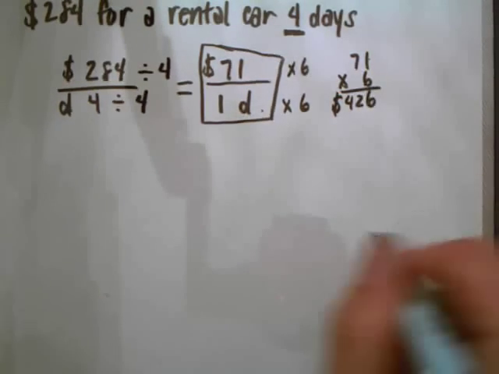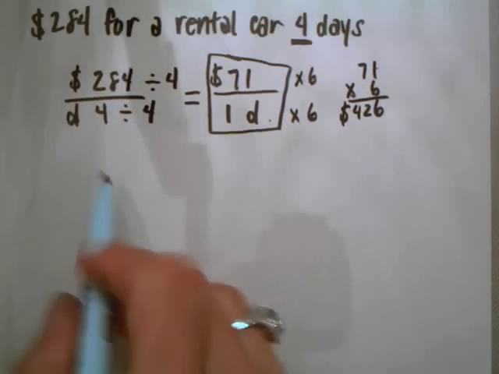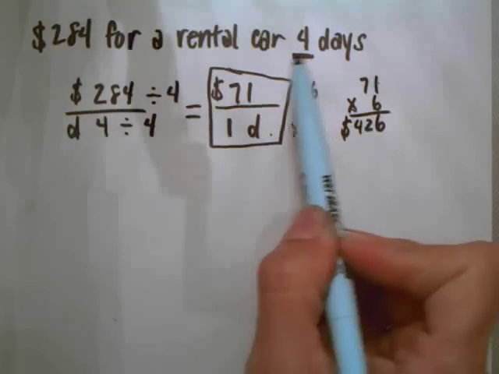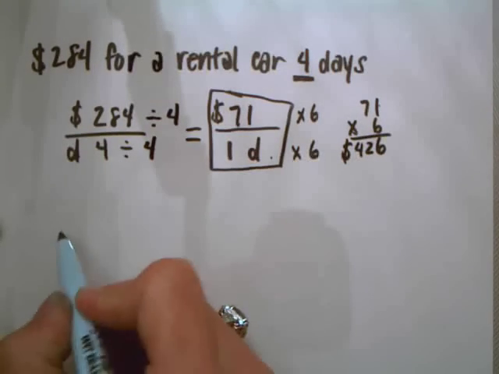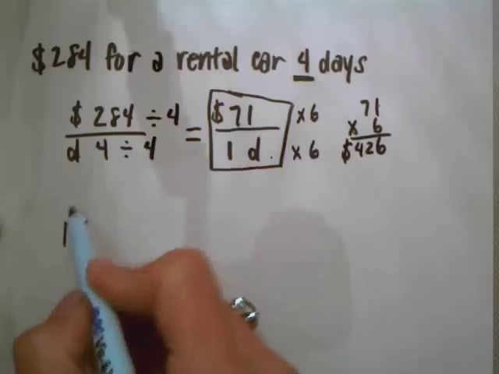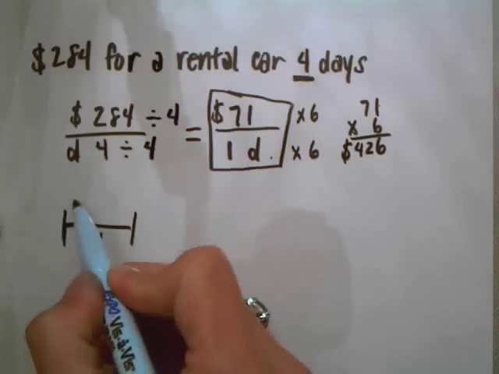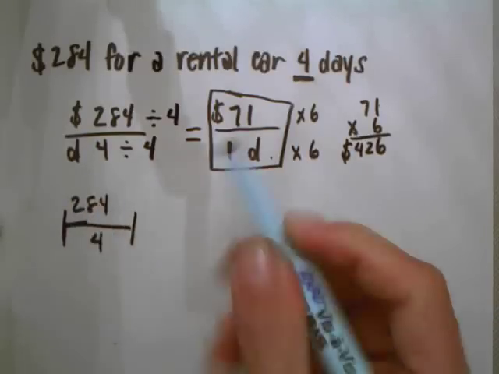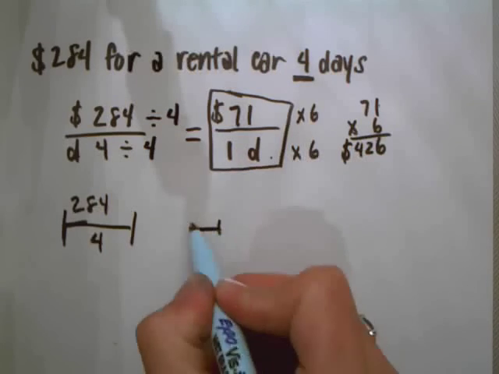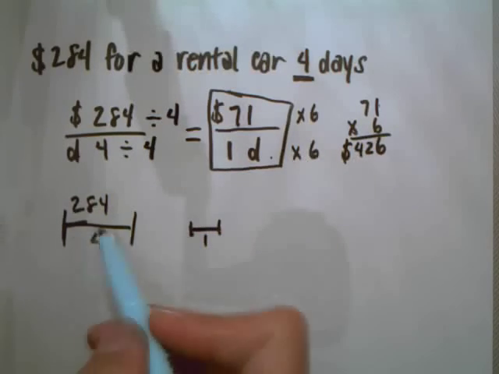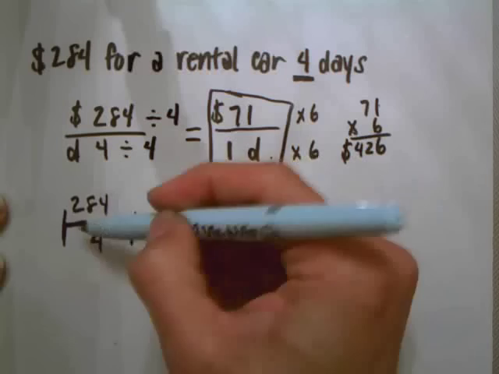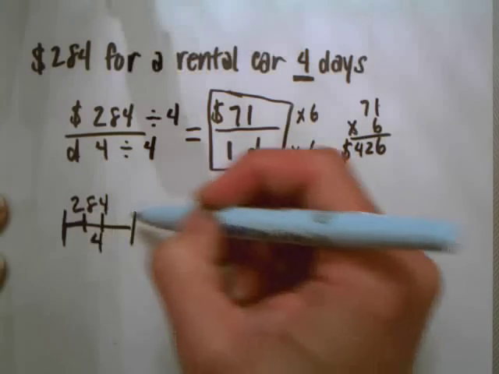Now, I can always figure this out using a tape diagram too. And how do I do that? I'm going to put my tape diagram. This is going to be 4 days, $284. I'm saying this is 4 days, and this is going to be divided up into 4 equal sections.